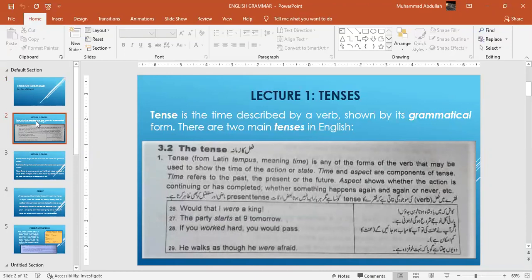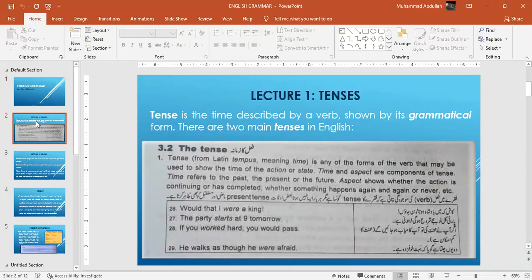Tense is the time that is described by a verb and shown by its grammatical form. The word tense is taken from the Latin word tempus, which means time. This is any form of verb that may be used to show the time of the action or state, right?